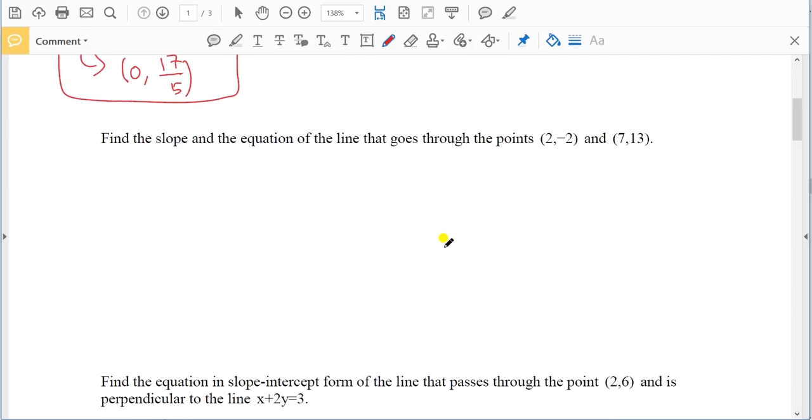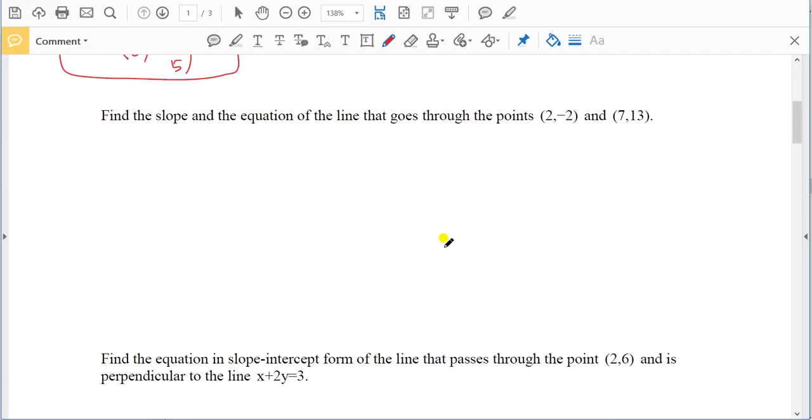The second problem here: find the slope and the equation of the line that goes through the 2 points. So you are given 2 points: x1, y1, and x2, y2.